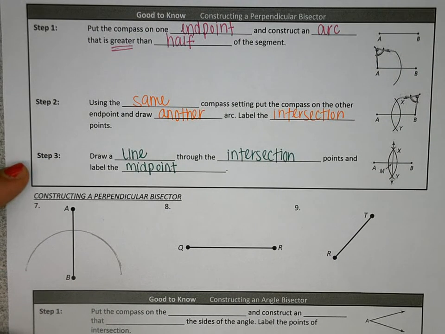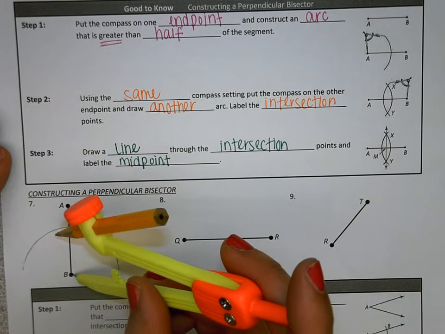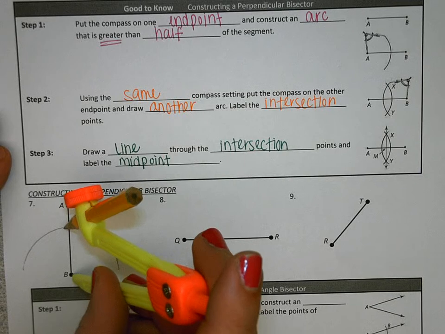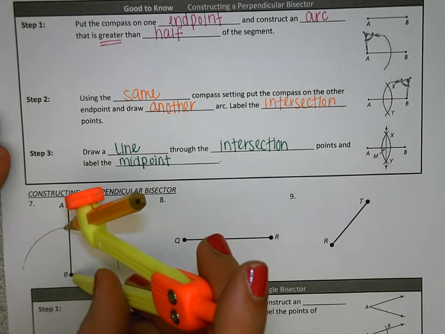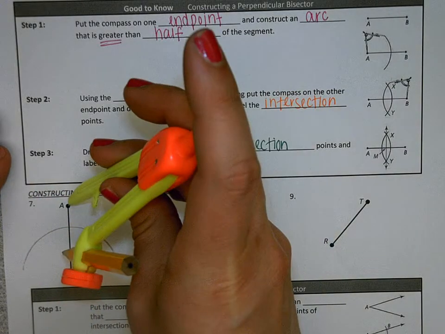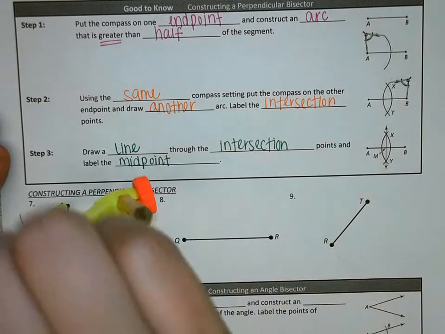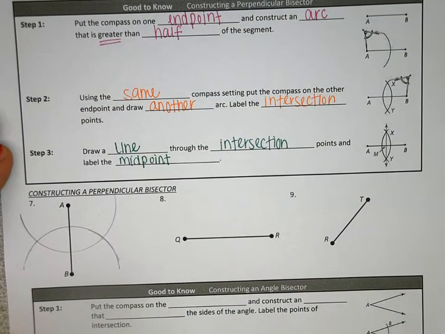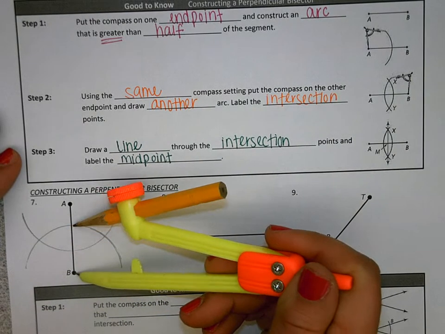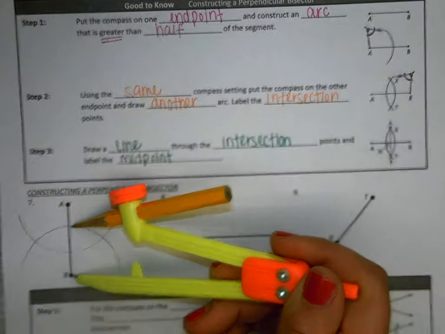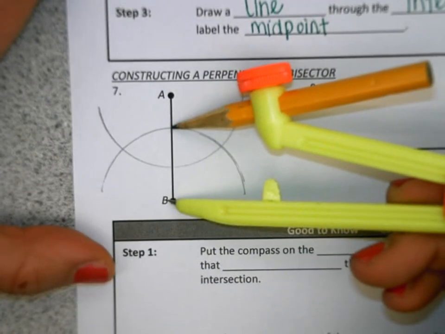Okay. So using one of the endpoints, open your compass bigger than half, draw a semicircle, and then do not change your compass setting and just flip it over and do the same thing. Using one endpoint, open your compass so that it's greater than half.